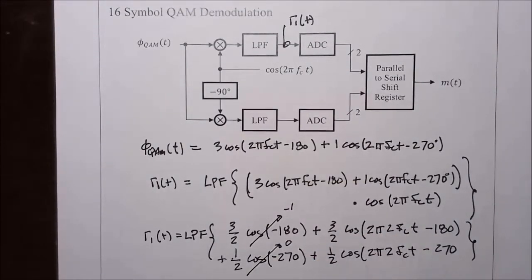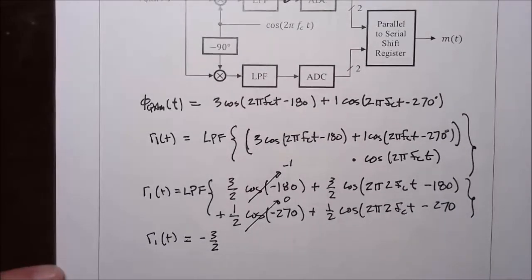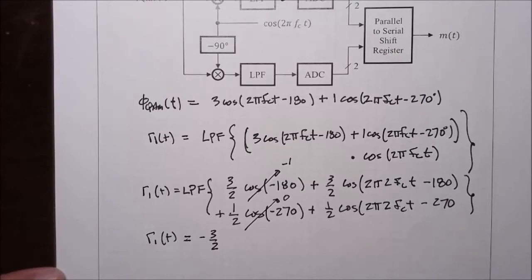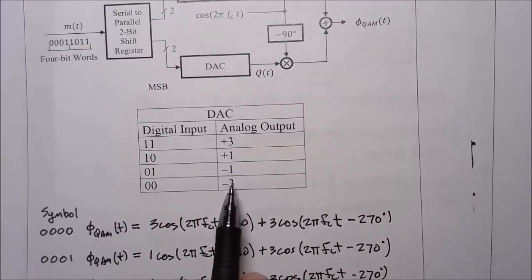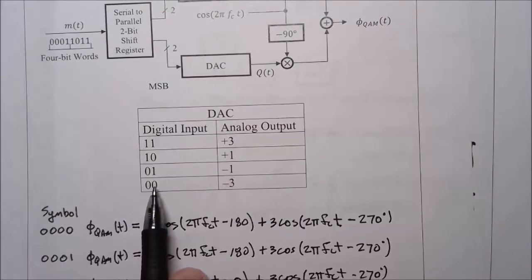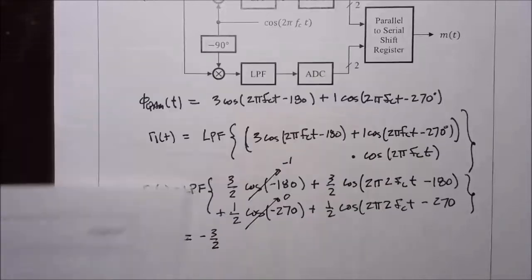Low pass filter takes out the two high frequency components. Then R1 of t is going to be equal to minus 1 times 3/2, minus 3/2, which we've got scaled by 1/2 because of the trig identity, but we could easily amplify this by a factor of 2, and this minus 3 on our chart maps to a 0, 0, which is the least significant bits.